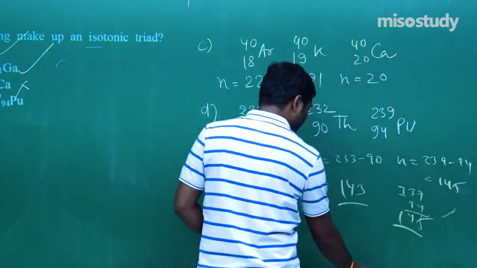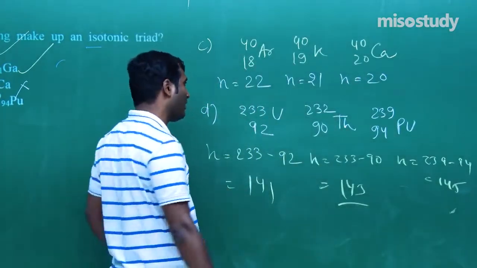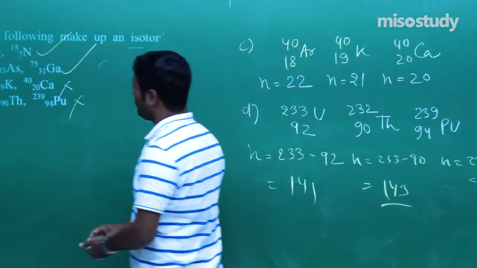If you compare these numbers of neutrons, they are not equal, so these are not isotones. So this is also a wrong answer.